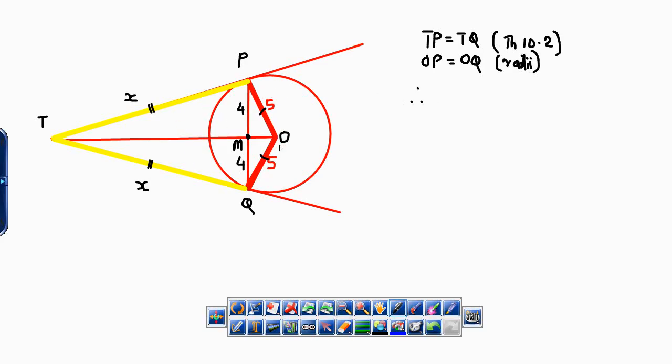If these two yellow and two red lines are same, therefore TPOQ is a kite. If it is a kite, diagonal 1 is perpendicular to diagonal 2, therefore M is 90 degrees.